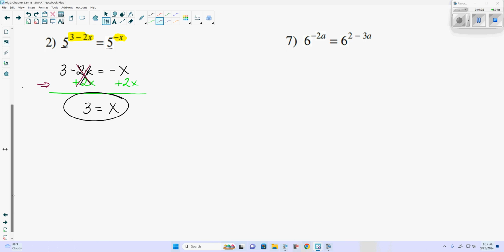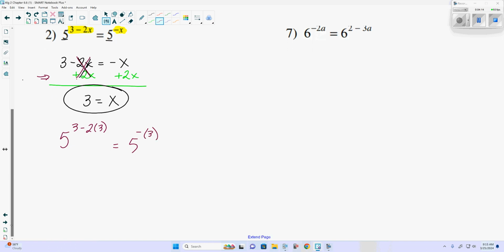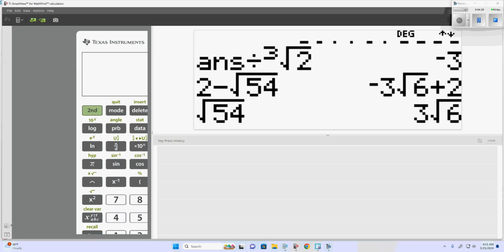Now, if we want to check and make sure this is true, we could plug back in 3 for x and see what this is. Now, we could do this in the calculator and do 5 to the 3 minus 2 times 3. And we'll see what we get.